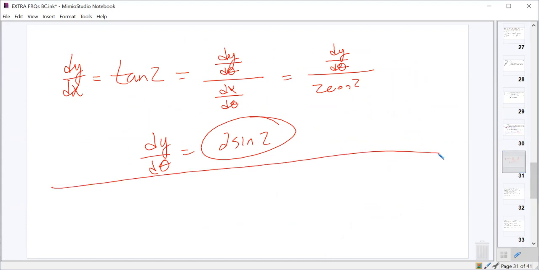Let's try this again. So the distance was cosine theta plus 2 sine theta. To find the maximum of that, we need to find the derivative of that, which is negative sine theta plus 2 cosine theta. We need to figure out when that equals 0. Once again, you'll type that into your calculator to find the x-intercepts of it, or you'll set sine theta equal to 2 cosine theta, one or the other.